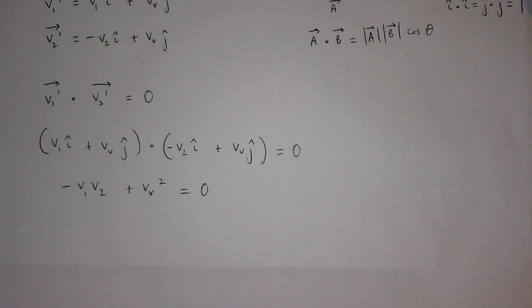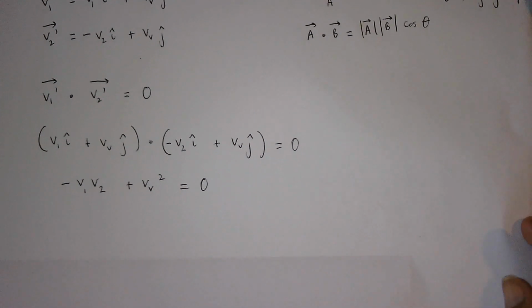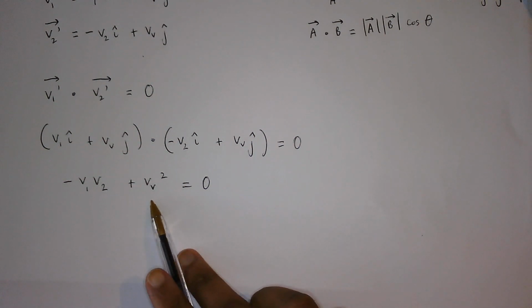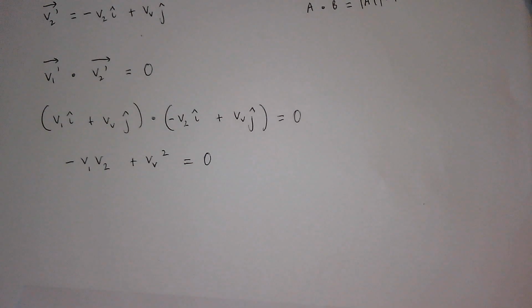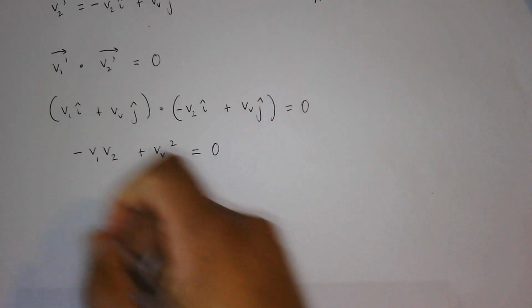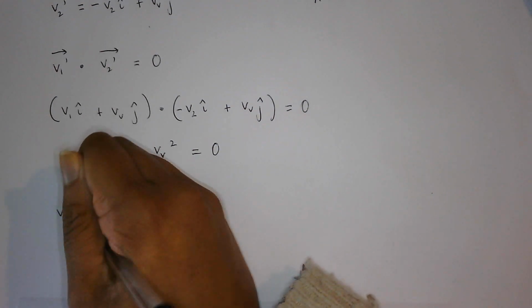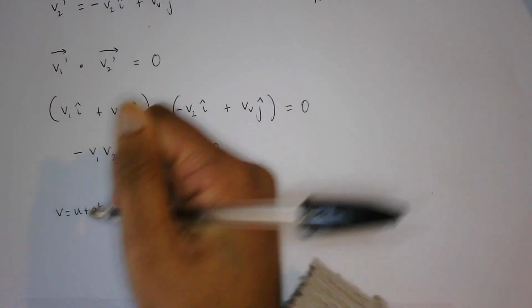Okay. So the next thing that we can do is work out what vv is. We can work out the vertical velocity using the equations of motion. We know the equation of motion, v equals u plus at, that's just the general formula.